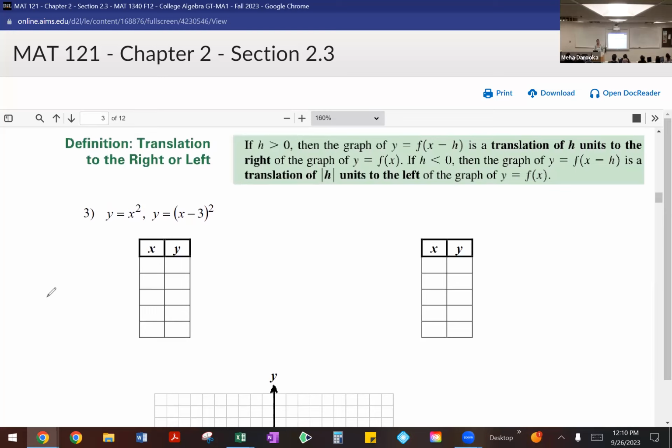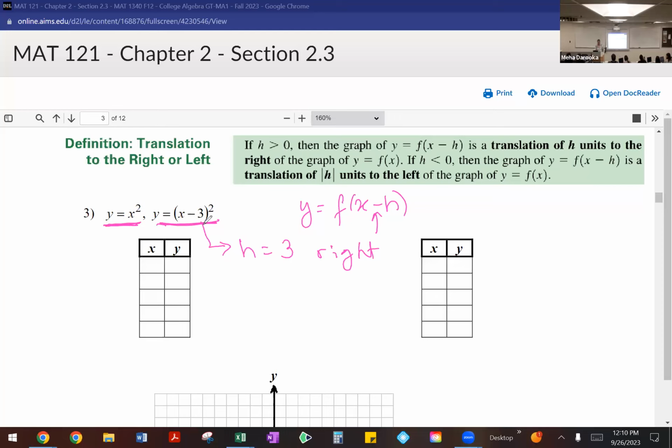So when you see something like this, which has x minus 3, remember this is coming from that original definition where we already had a negative sign. So this is telling me that h is actually equal to positive 3, which means my graph will be moving to the right. So you have your original function of x squared, which is being moved 3 units to the right.